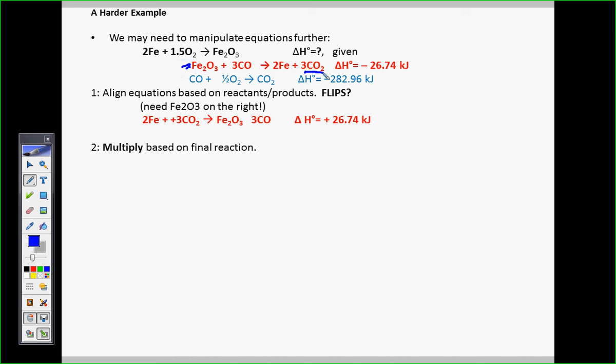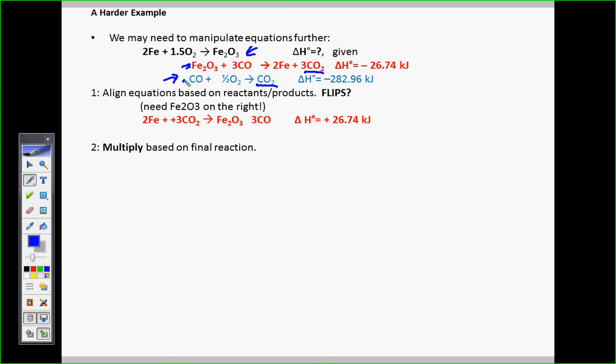And in my ultimate target equation, I don't have any carbon dioxides. So I'm going to want all 3 of those to cancel out at some point. If I use this equation, I only have 1 carbon dioxide that would cancel out. So actually I want 3 to cancel out, so I'm going to take 3 of these entire reactions.